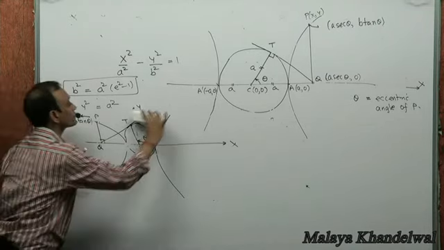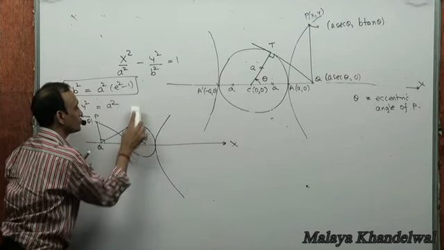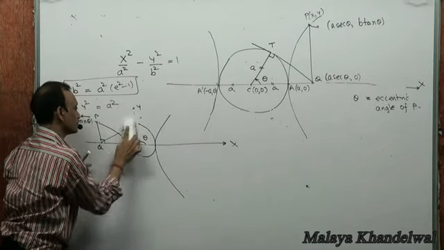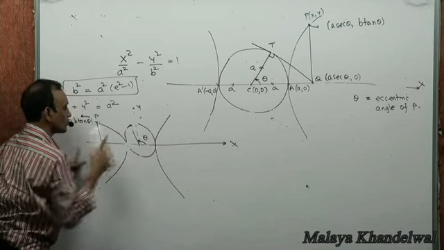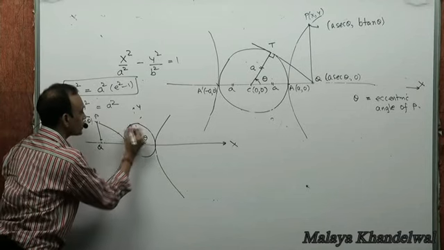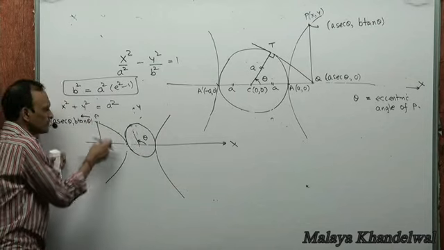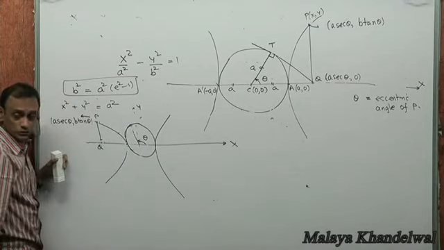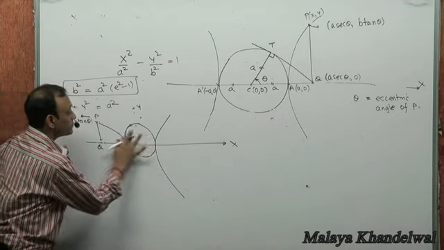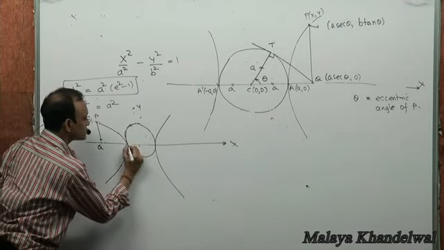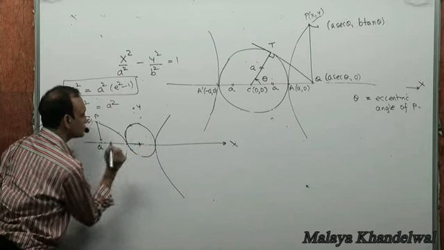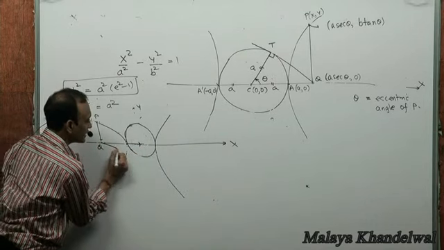What I do is the following. There is only one way I can drop a perpendicular. This time, say this is my center, I draw a tangent this way.